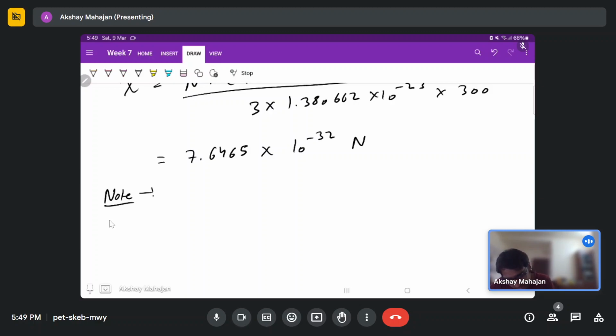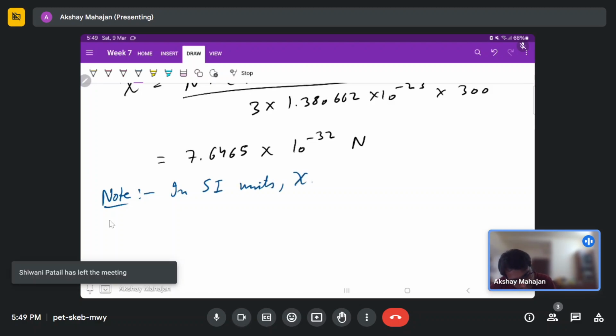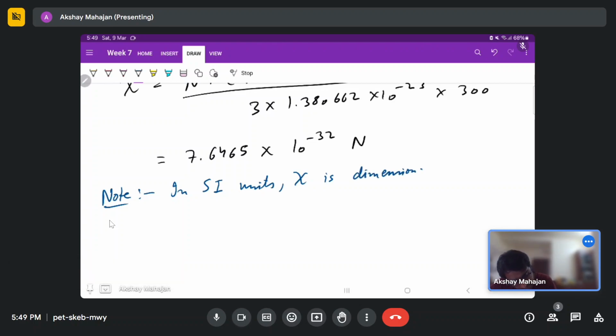Let me write down what I have been saying again and again. Note here that in SI units, chi is dimensionless and mu naught is multiplied in the formula.